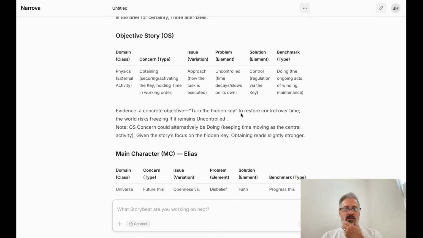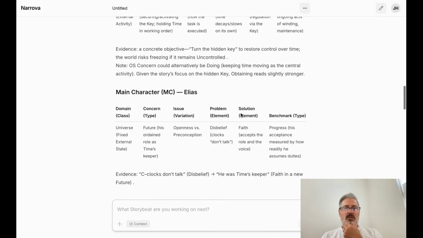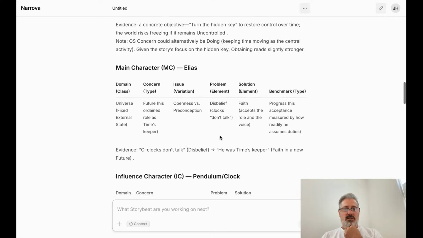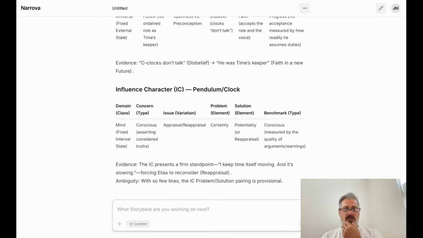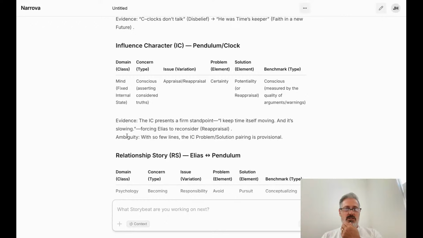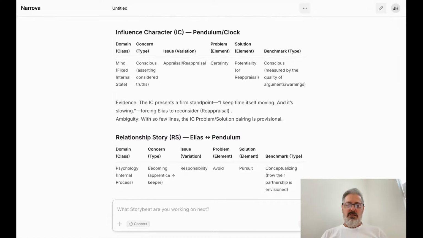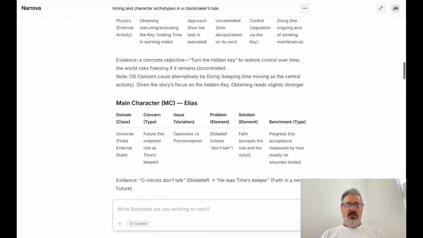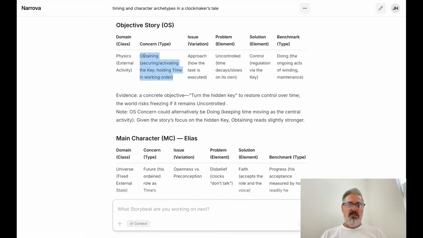Here's the objective story, the possibility of the main character, the influence character, but you'll notice the ambiguity here. With so few lines, the influence character problem-solution pairing is provisional. Yeah, so there's really not that much within it. You'll also notice, if you're a Dramatica expert, that this domain and this concern line up.